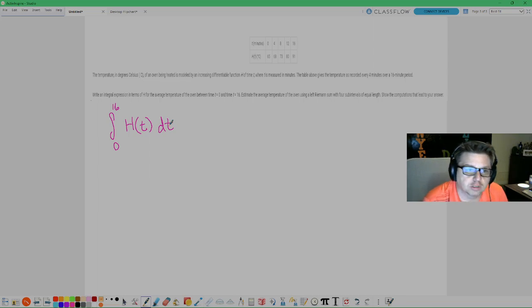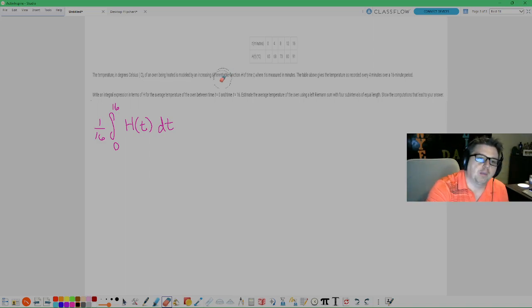Right, an integral expression in terms of h for the average temperature. So for the average temperature, we need to divide it by 16. And you're going to go, whoa. Why are we doing that?